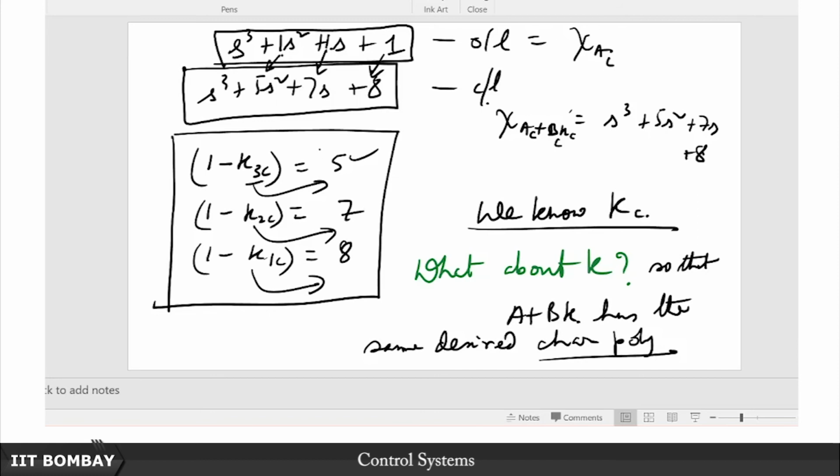I know that if I apply, for example, Kc equal to minus 7, minus 6, minus 4, I know what Kc is.